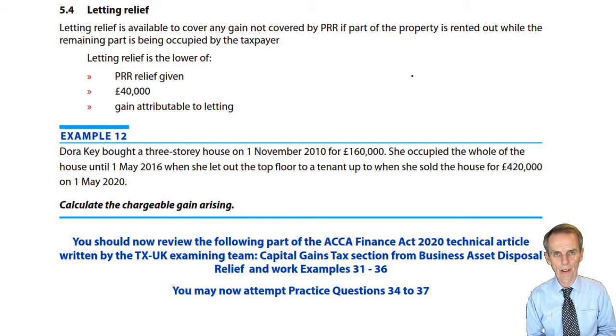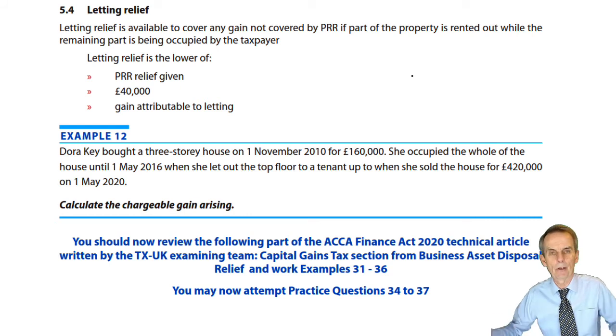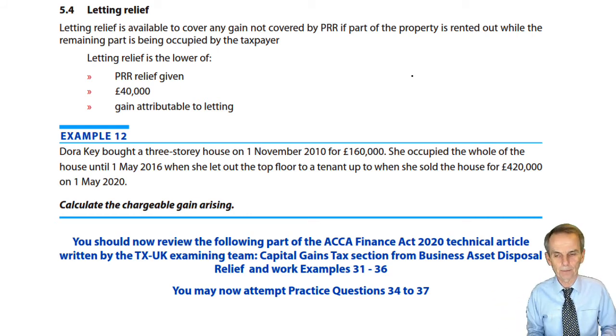Prior to Finance Act 20, we had the situation where you could be working elsewhere in the UK, or away for travelling or whatever. And if you had let your property out, you didn't live in there, but you've let your property out, then a further deduction known as letting relief would allow you to further reduce any chargeable gain that still remained post your private residence relief.